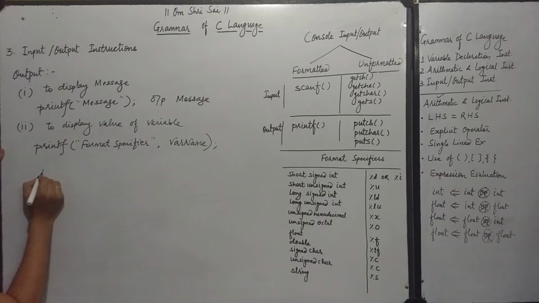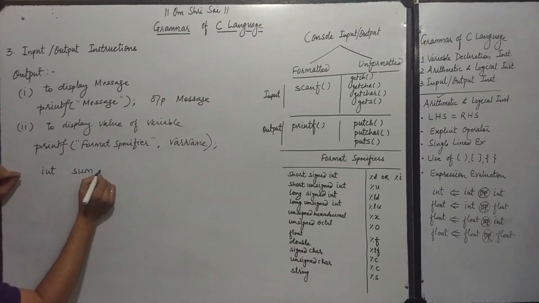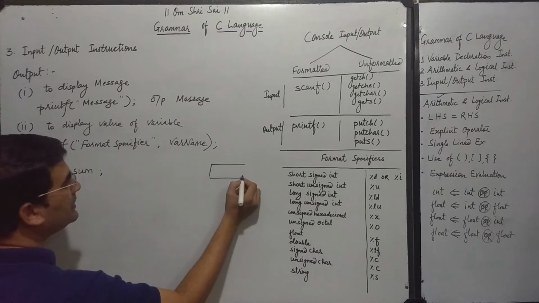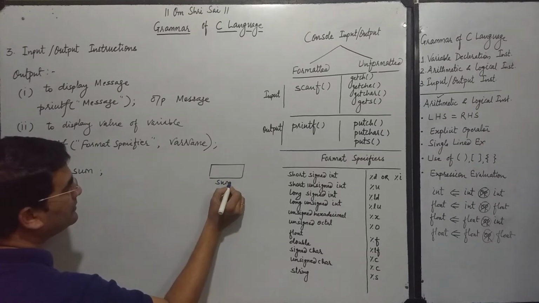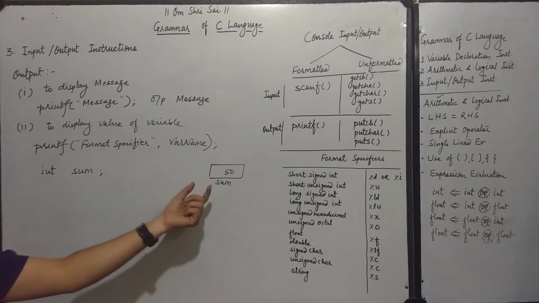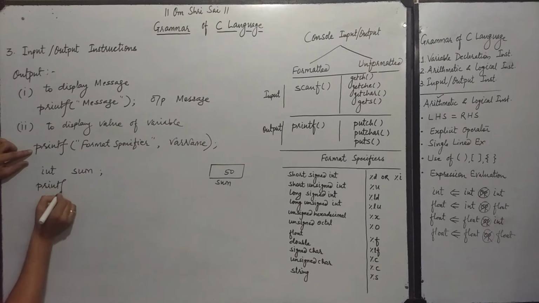So now, let us take an example. Let's say we are having a variable, let's say int sum, and this variable contains, after summation, let's say 50, and I want to display the content of this variable sum. What should be the syntax to display the sum? The syntax should be, first of all, I must have to write printf.